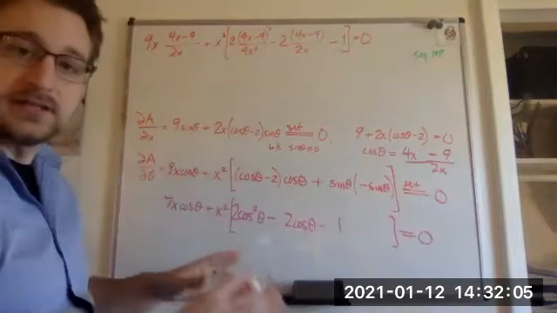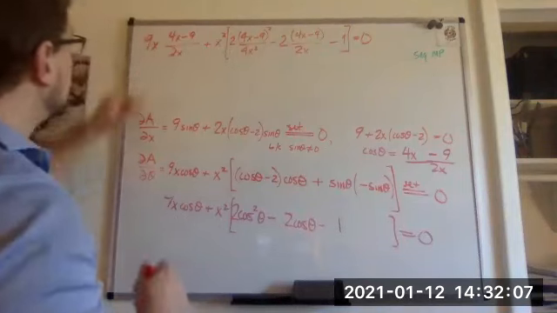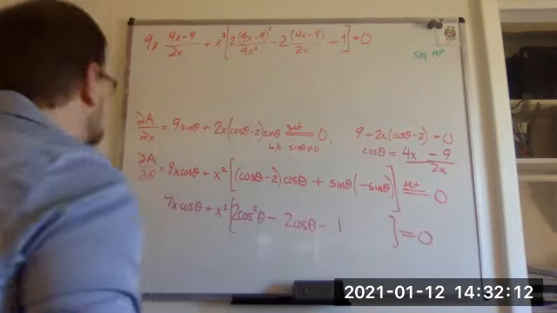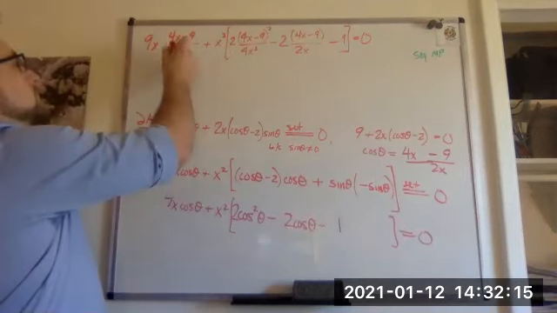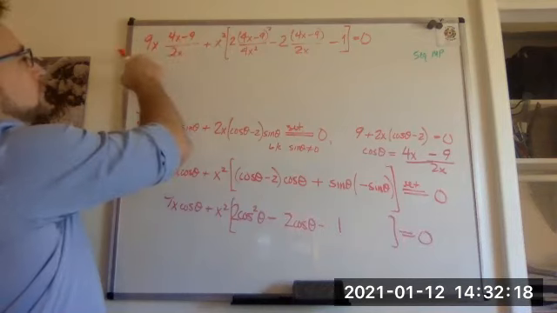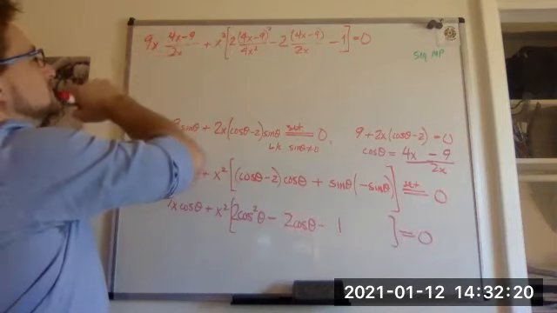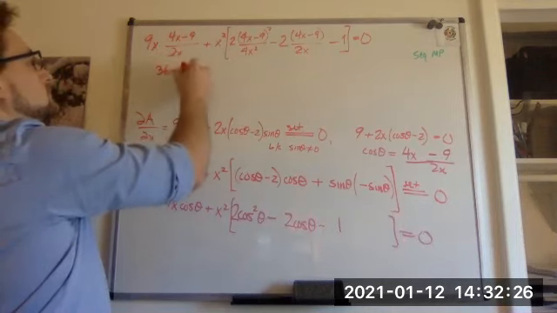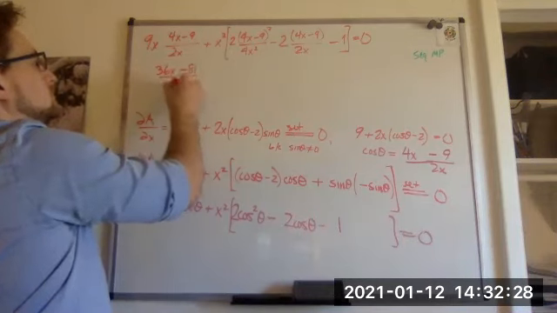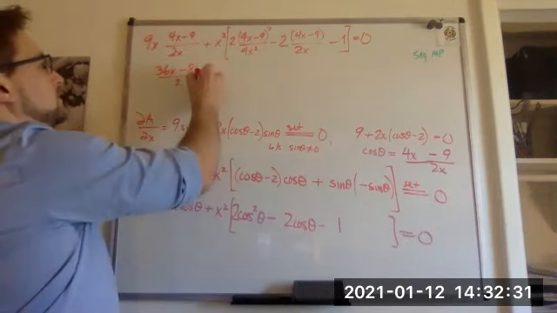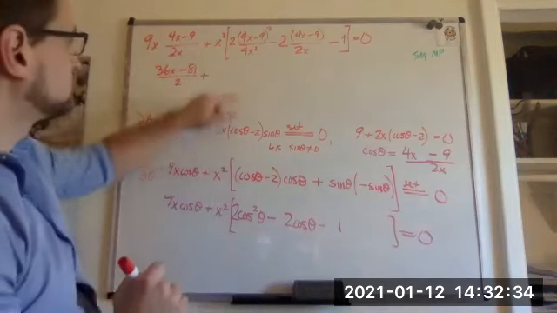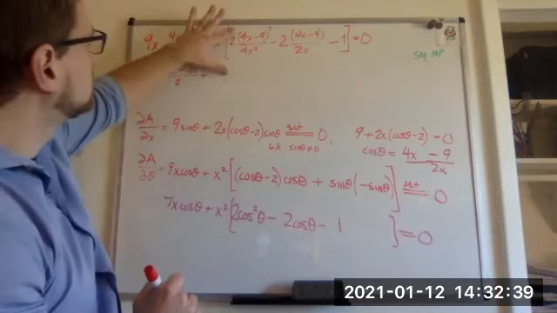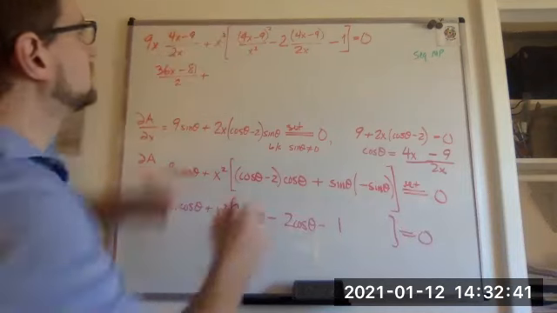Okay, that's kind of messy looking, but it's going to simplify. We've got x over x. So we can distribute the 9. The 2 and the 4 will partially cancel. We'll be left with a 2.